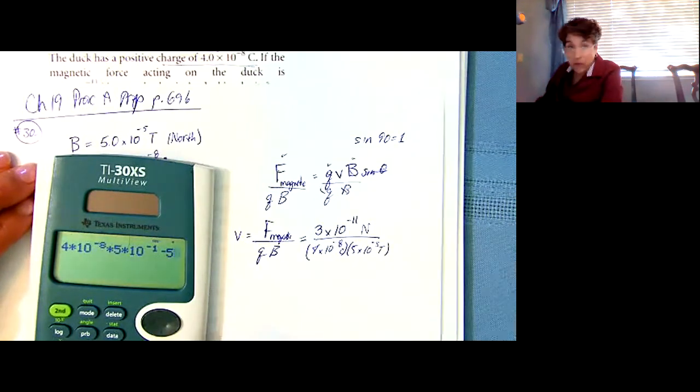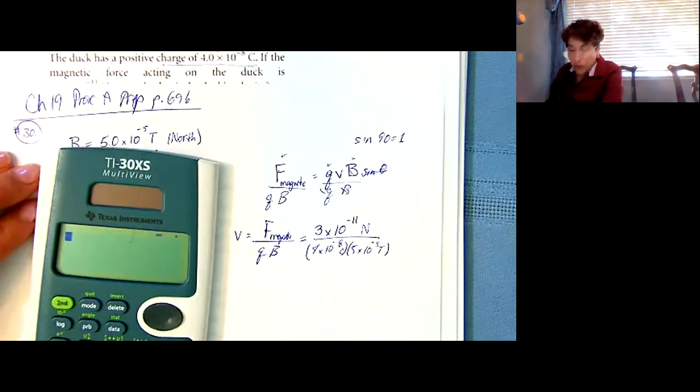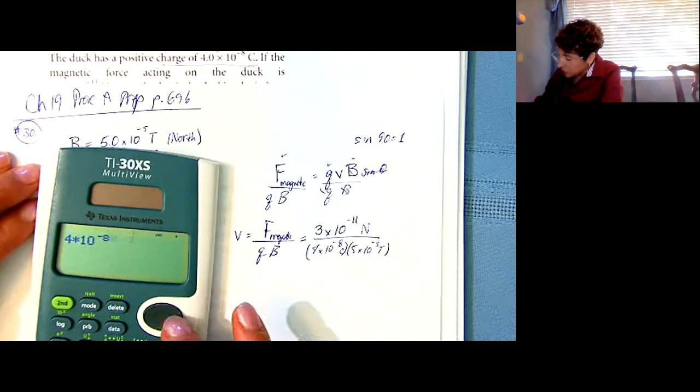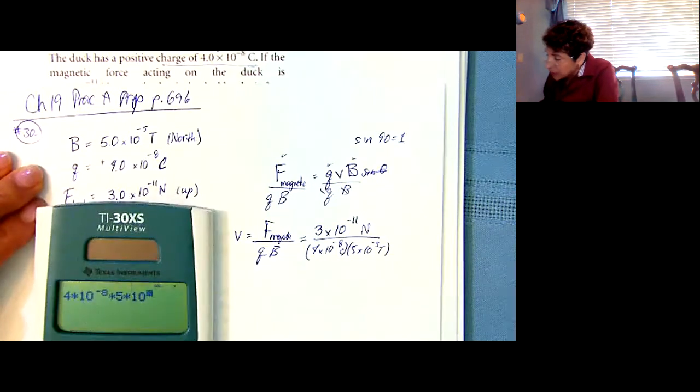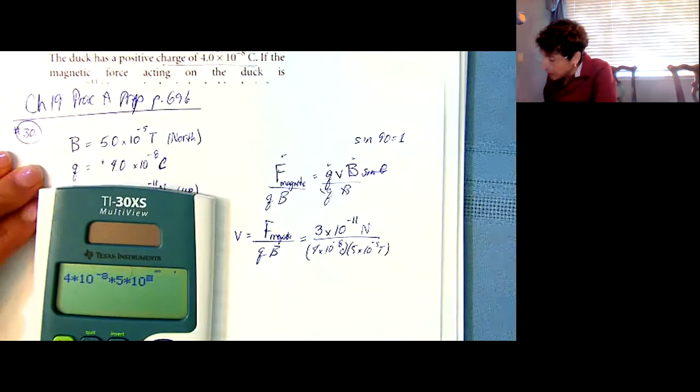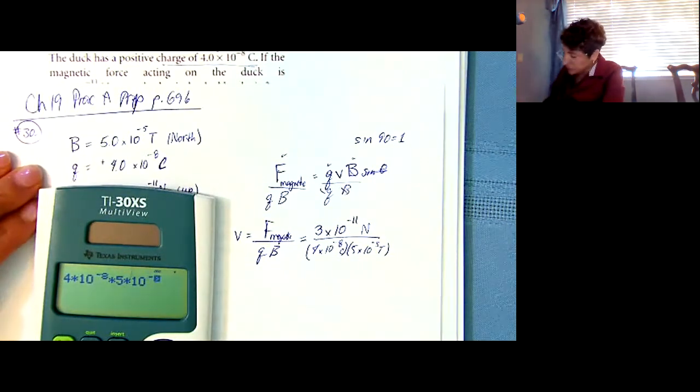Nope. Shoot. I blew that whole thing. Try it again. 4 times 10 to the negative 8. Bring the cursor down. Times 5 times 10 to the negative 5. Right? Negative 5.